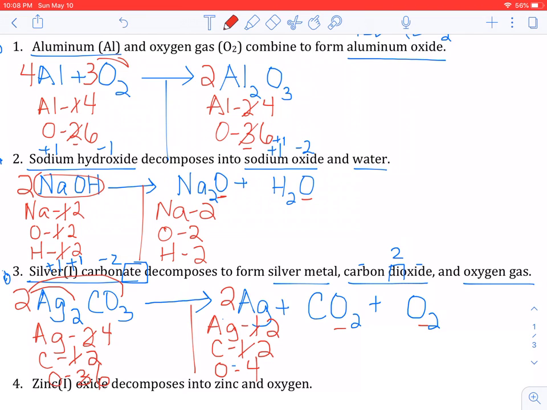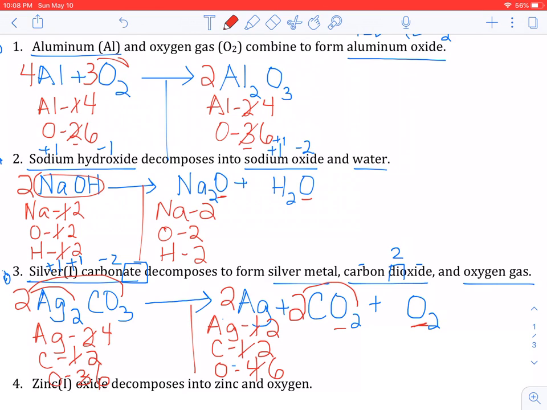In order for me to get 2 of those, I need to have 2 carbon dioxide molecules to have 2 carbons over there. If I do that, then that's going to change, of course, my amount of oxygen. I have now 2 times 2, which is 4, plus the other 2 from the O2, which gives me 6. So now my 6 and my 6 are balanced.